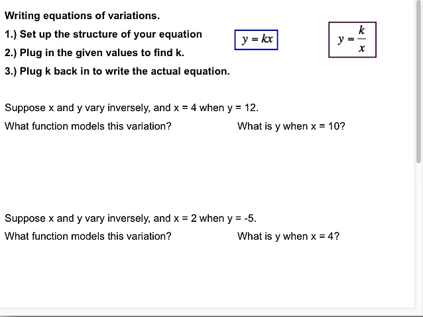If it's direct, you set up this kind of format. If it's inverse, you set up this kind of format. The way that I remember is direct means k is being multiplied. Inverse means k is being divided by the variable, okay? To me, that's the best way to remember, because tomorrow we're going to dive into combination variations, where that's going to become even more important for us.